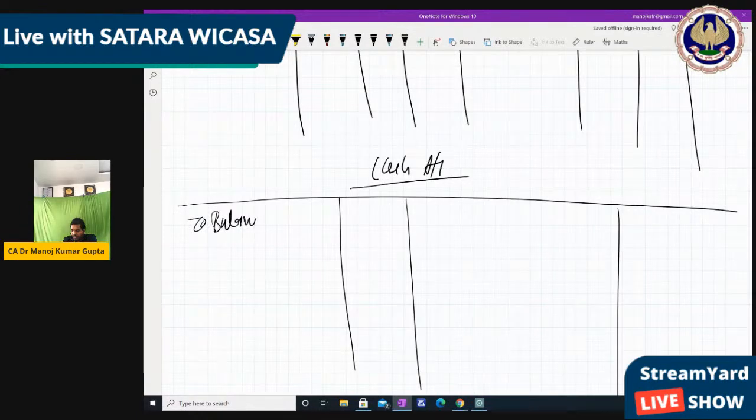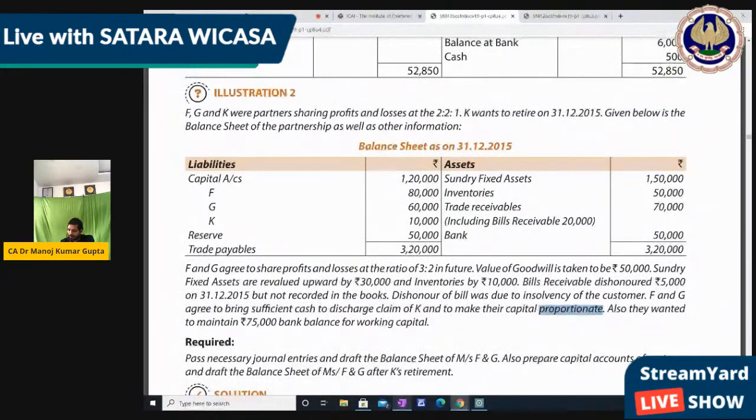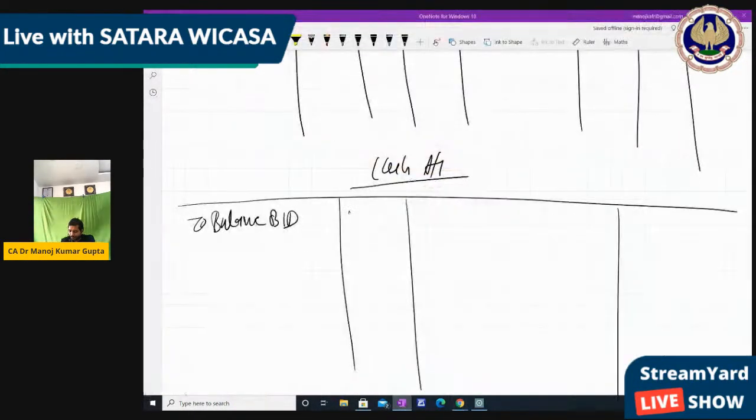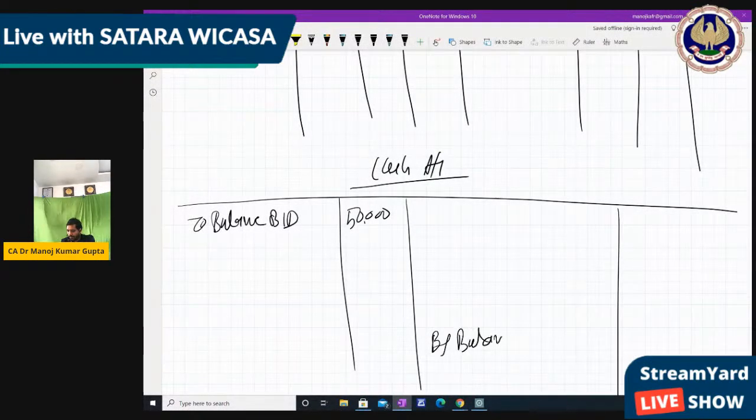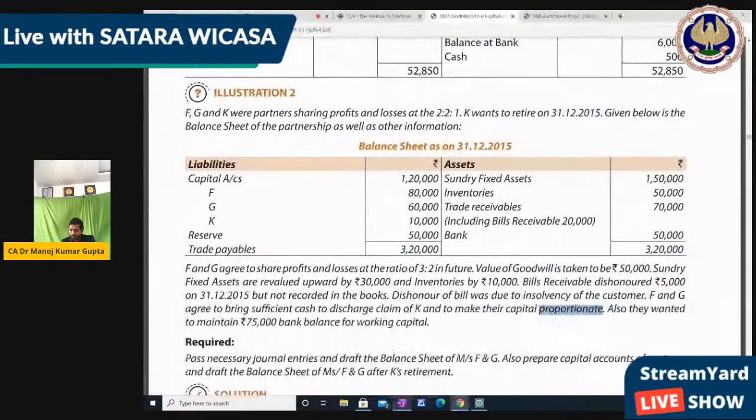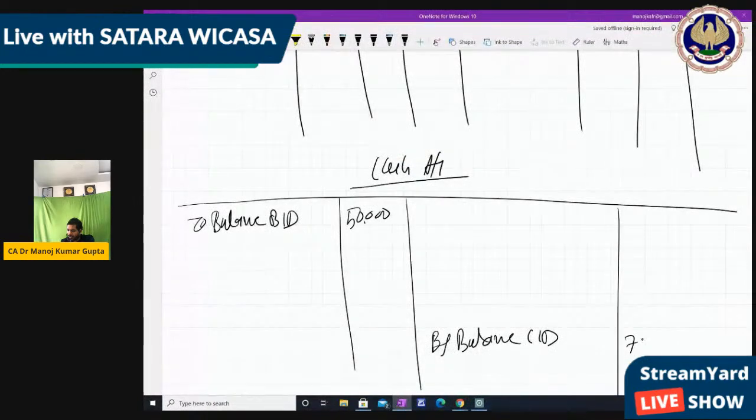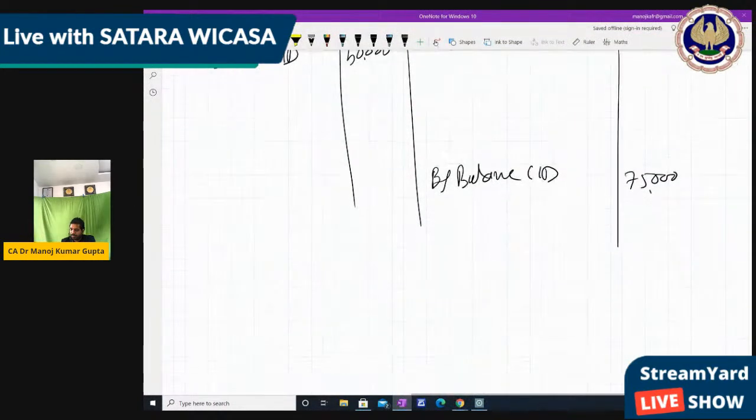To balance brought down is the opening balance. What is the opening balance? 50,000. By balance carried down, 75,000 we want to maintain as the balance. So I have also mentioned balance carried down here, right? The remaining things we will fill.